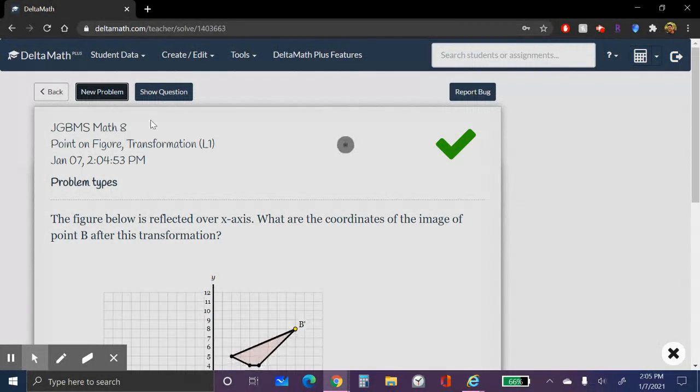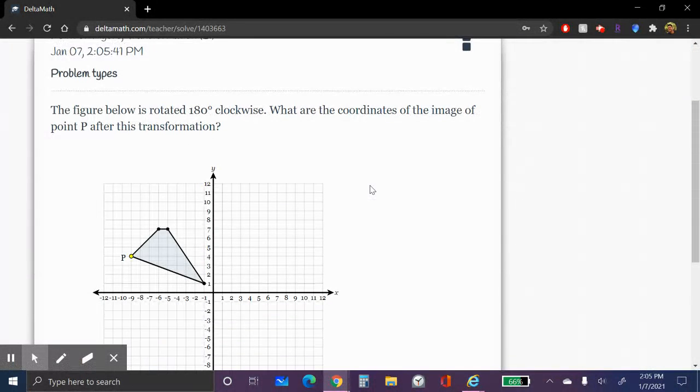So whenever you flip over the x-axis, you change the sign of the y values. All right, let's look at another one. Rotated 180 degrees clockwise. All right, so with this one, with P, this is -9, 4.